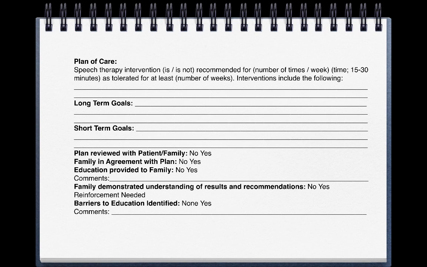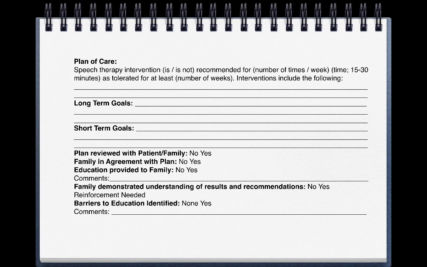You will also be asked to overtly state what is your plan of care. And for those of you who have been doing therapy already, I think that will be all of you, you'll see again, what is your planned intervention? What are your long-term goals? What are your short-term goals?